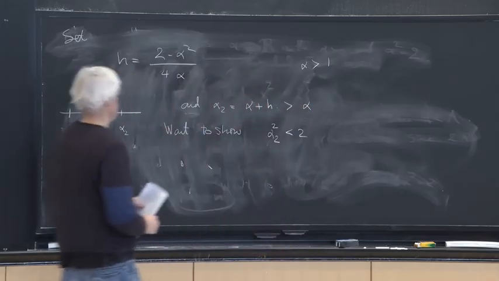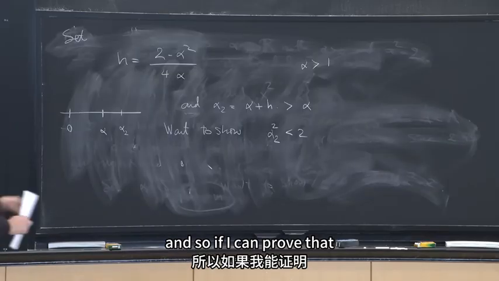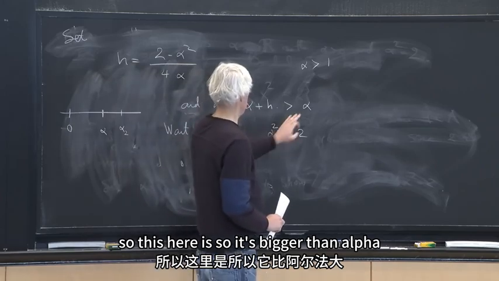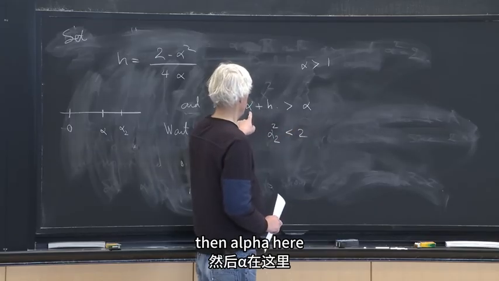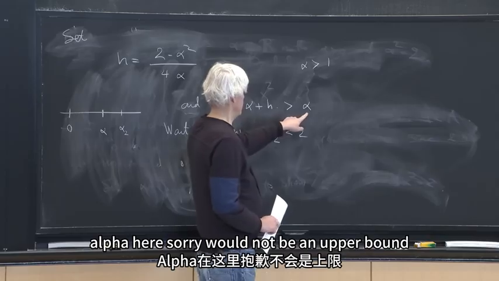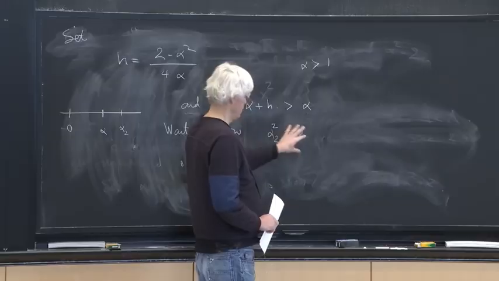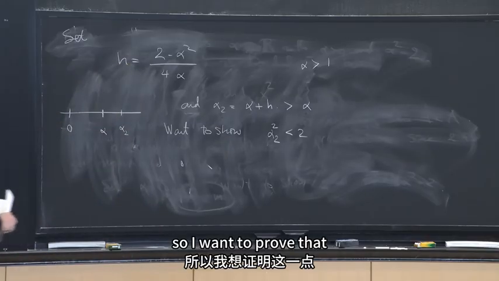Okay. And so if I can prove that the square is less than 2, then alpha would not be an upper bound, right? There's another element in the set A that is bigger, okay? So I want to prove that.